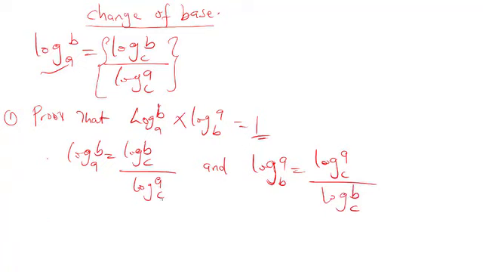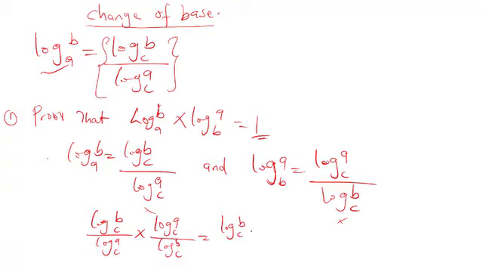Now let's multiply here and here. We now have log_b c over log_a c times log_a c over log_b c. Now log_b c cancels log_b c, and log_a c cancels log_a c.